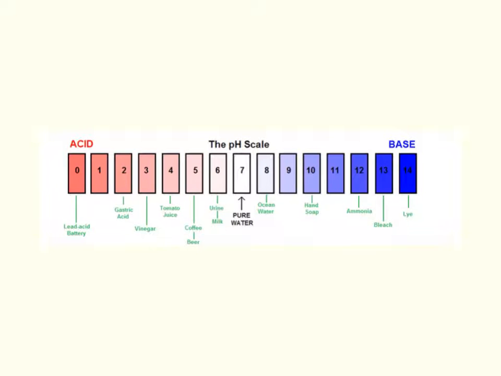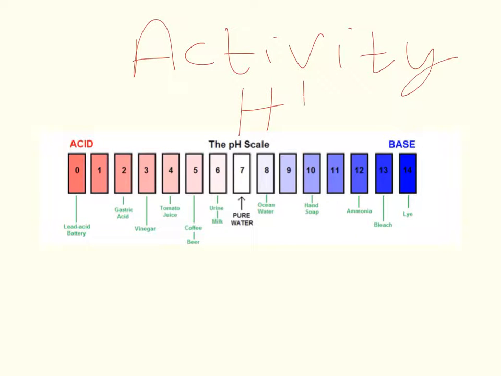The pH scale is a measurement of the activity of the hydrogen ion, H+, and it's represented by this small p with a capital H. In this case, a strong acid, one that has a lot of activity, is indicated by a 0 to 1 on the pH scale.